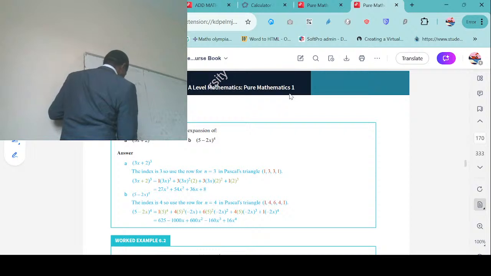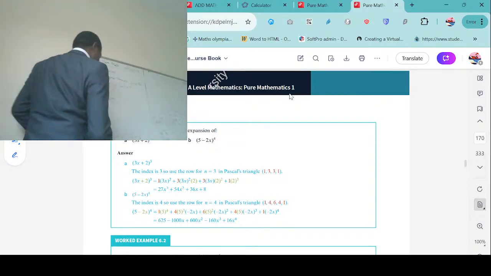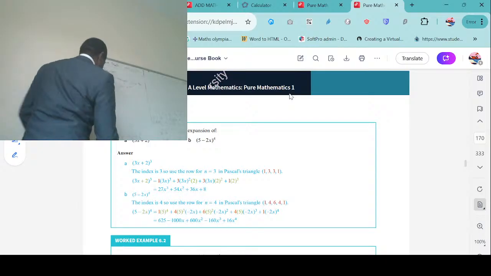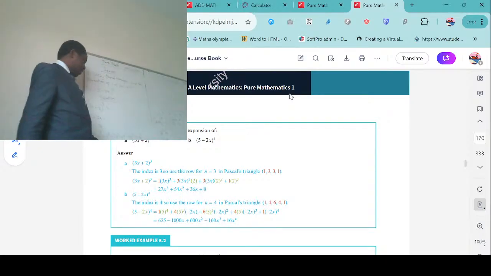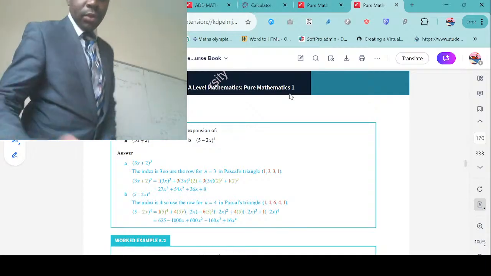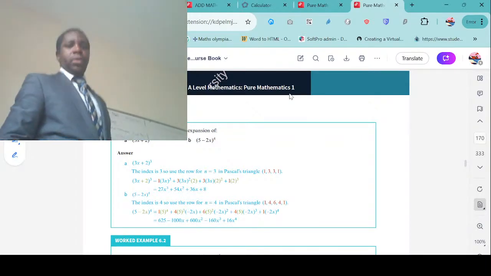So this is minus 54x squared, plus 3 times 3, that's 9, 9 times 4, that is 36x, minus 8. So 3x minus 2 raised to the power of 3 gives us 27x cubed minus 54x squared plus 36x minus 8, which is exactly what we're looking for.